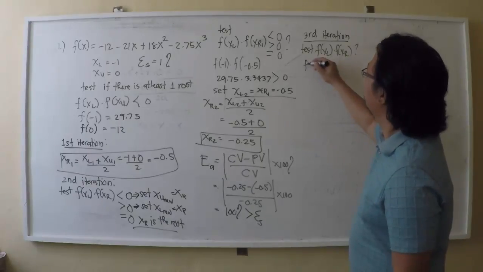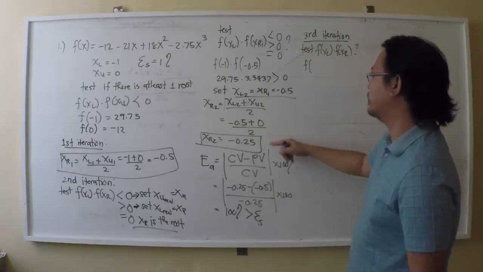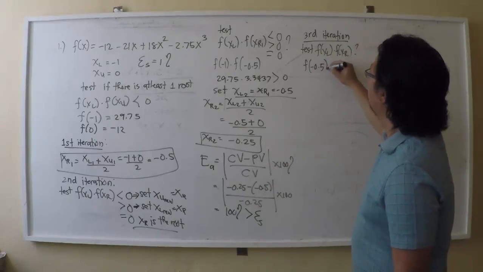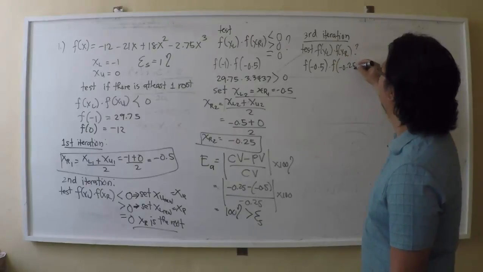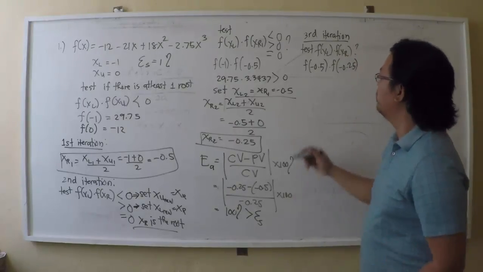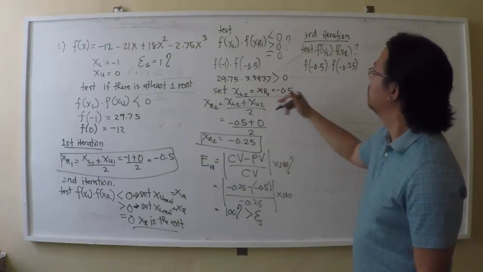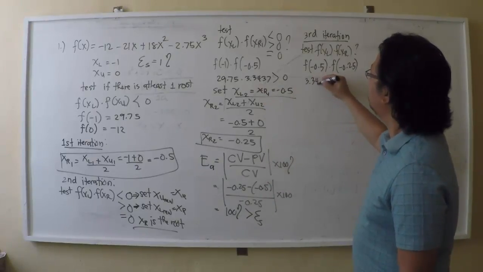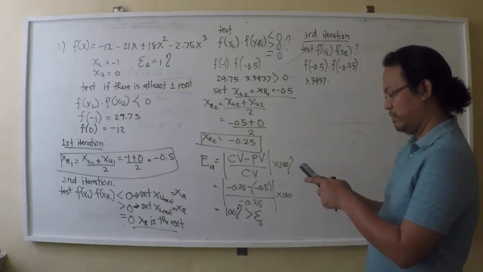F of XL is f of the lower boundary before, -0.5, times f of XR, which is -0.25. So f of -0.5, I think we can pick that one. Where is that? Here. 3.3437 times f of -0.25, we will do that.